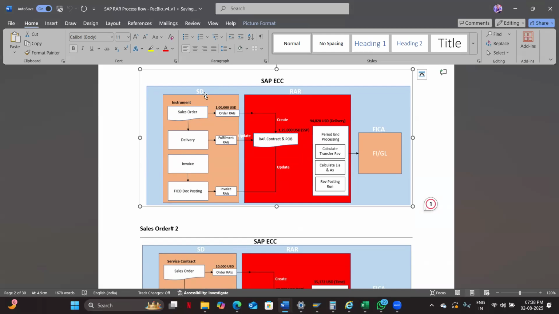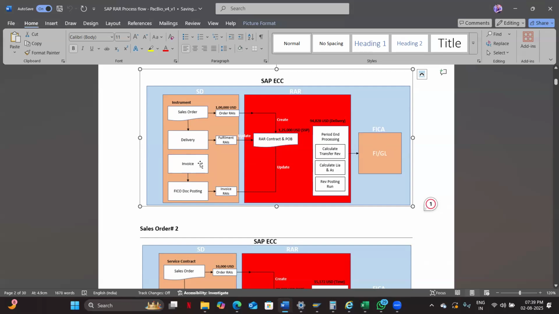Saraswati, here your doubt can be cleared. Firstly, when the order is created, they deliver goods and generate the invoice, and FICO posting happens. Earlier, whatever our invoice amount was, that amount was recognized as revenue.